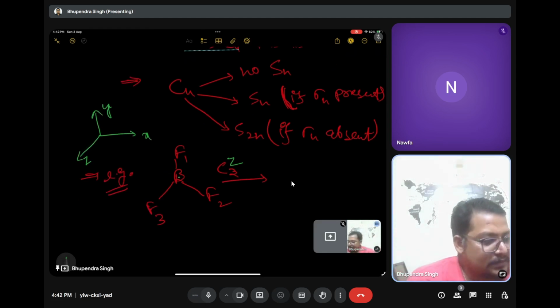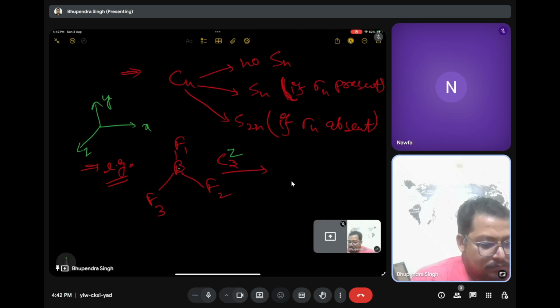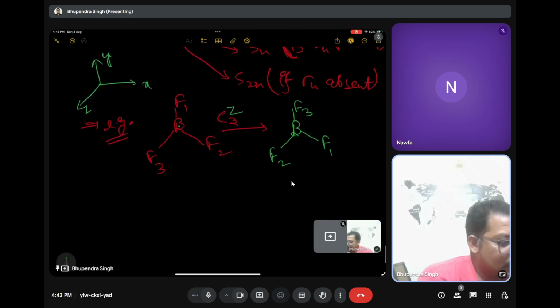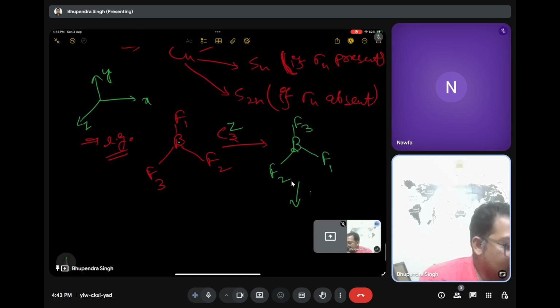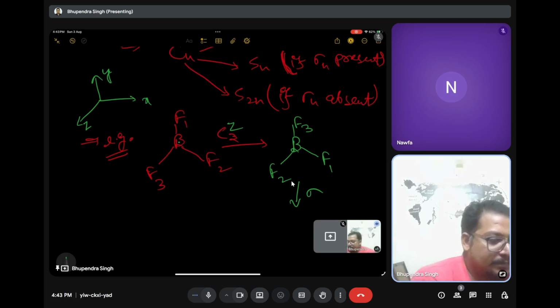So after applying the C3z, you will reach B3 to 1. And then again, now according to the definition, what should we do? We should apply the sigma, the perpendicular plane of symmetry. So what should be the perpendicular plane of symmetry?